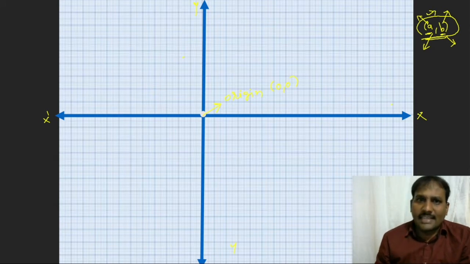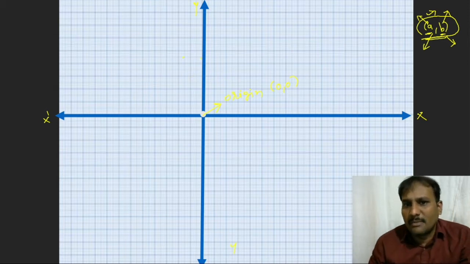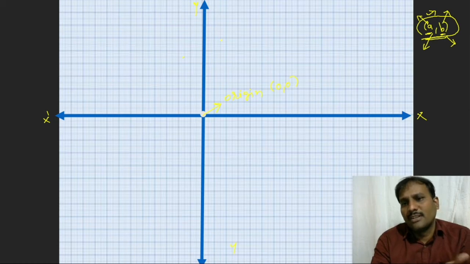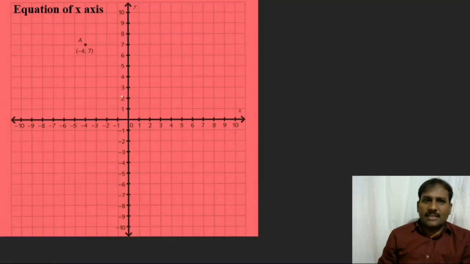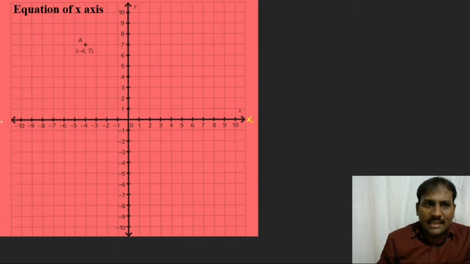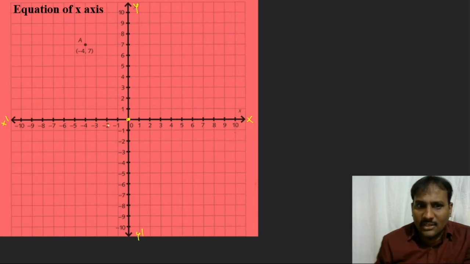So this is the x-axis, the y-axis, and both meet at a point called the origin. Now we'll try to derive the equations of the x-axis and y-axis. So let us take the x-axis and y-axis here. This is x dash and this is y dash, and this is the origin, which is 0, 0.